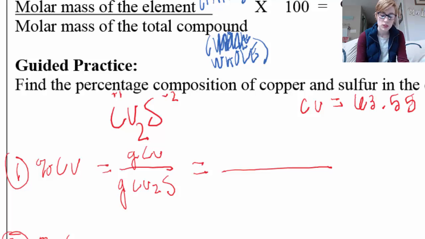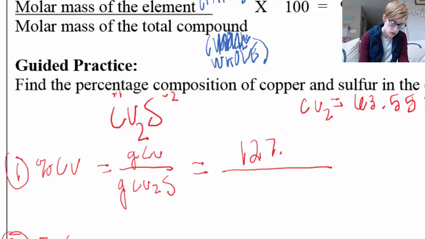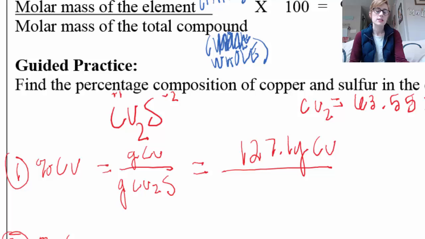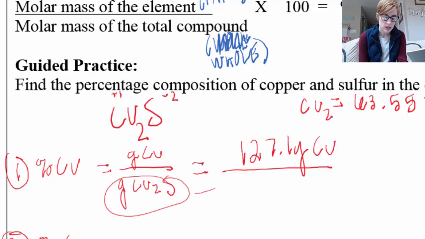I cannot put 63.55 in the top blank because I don't just have 1 copper, I have 2 coppers. So since I'm trying to find Cu2, I have to multiply this by 2, which gives me 127.1. So that's my part. 127.1 grams of copper is in 1 mole of Cu2S. So now I have to find the molar mass of the whole compound and put that here.